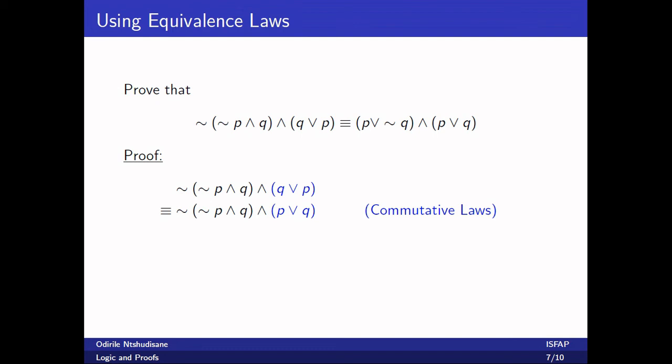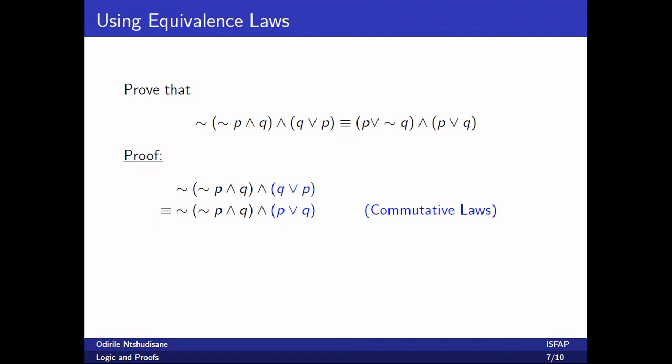We could use a truth table to show that these two statement forms are indeed logically equivalent. However, this would result in a rather large and cumbersome truth table. Alternatively, we could use a series of equivalence laws to move ourselves from the first statement form to the last. Let's try this approach.